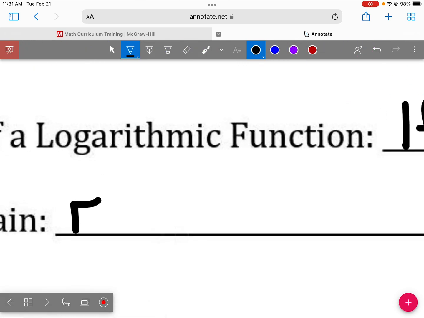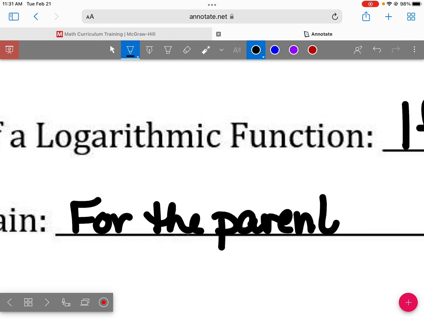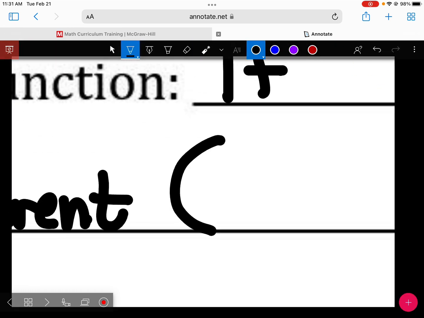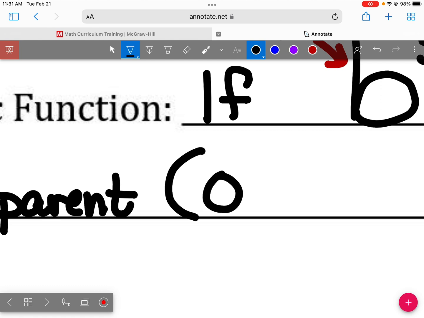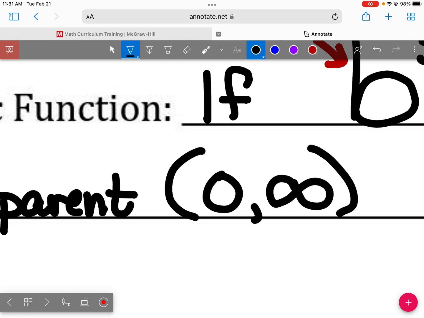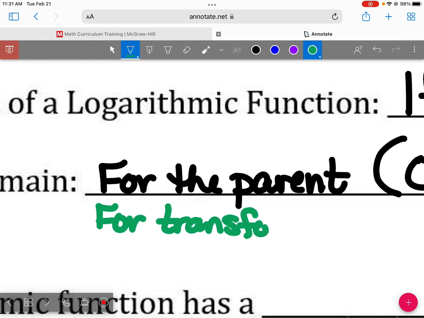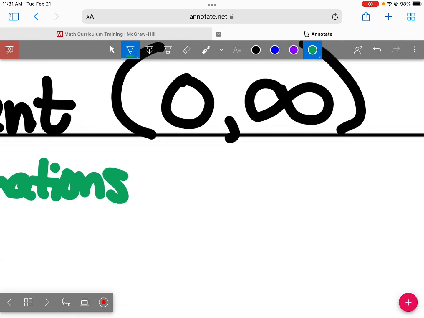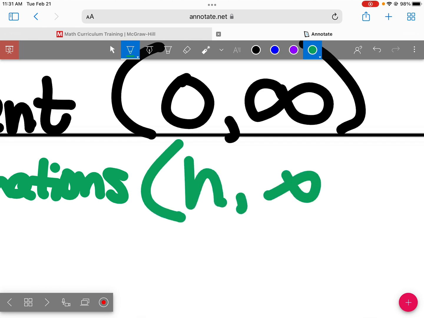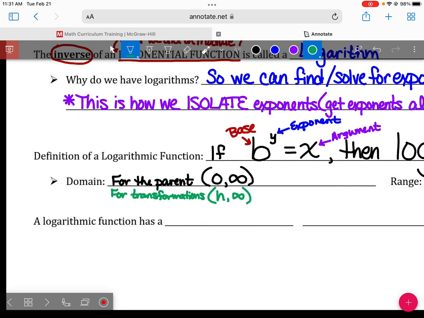Domain for the parent is going to be 0 to infinity. For transformations, it will be h to infinity. So the parent is 0 to infinity.